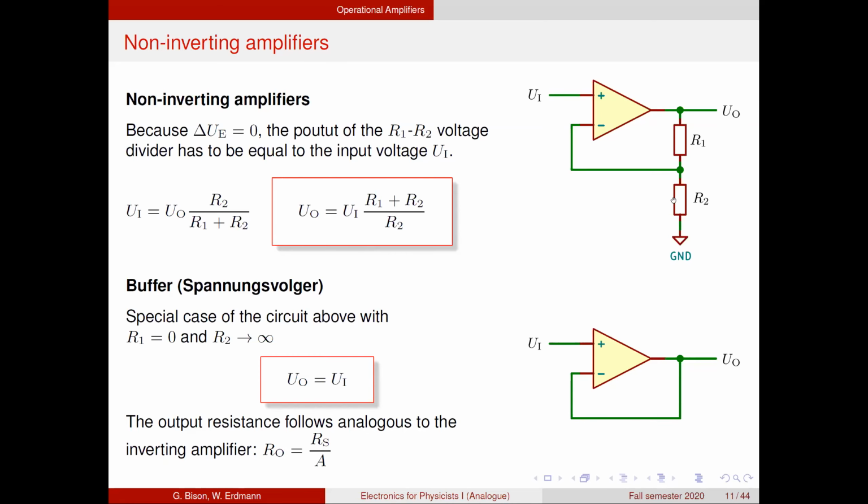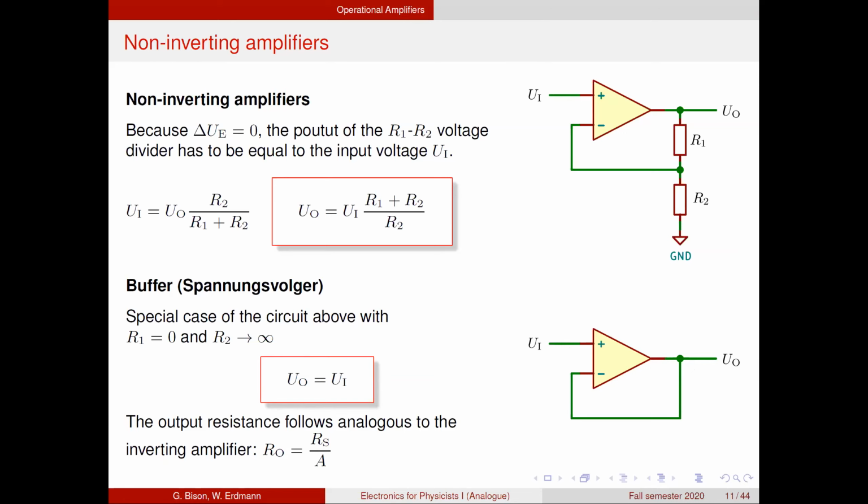And then you get simply output voltage equal to input voltage. And this circuit is actually used. It's really important because the current that goes into the amplifier here is negligible, whereas on the output, it can drive an arbitrary current if it's an ideal amplifier, or at least a sizable current. And this means that we can decouple one part of our circuit from another part. And for that reason, buffers are really important.